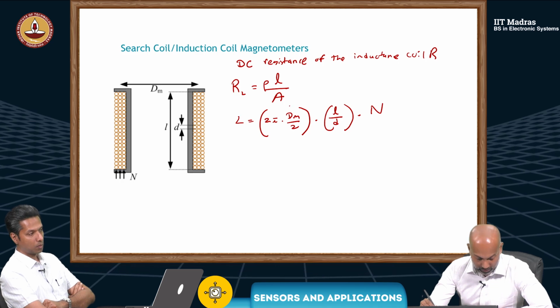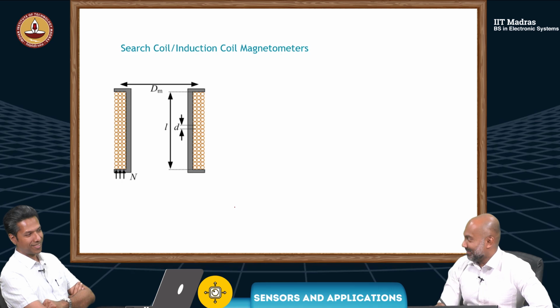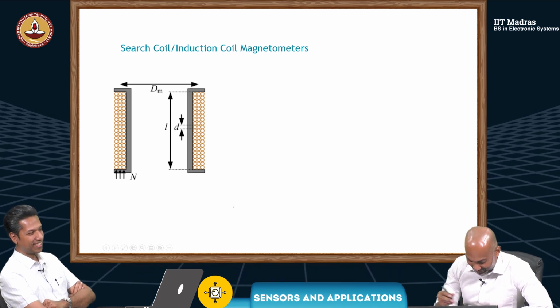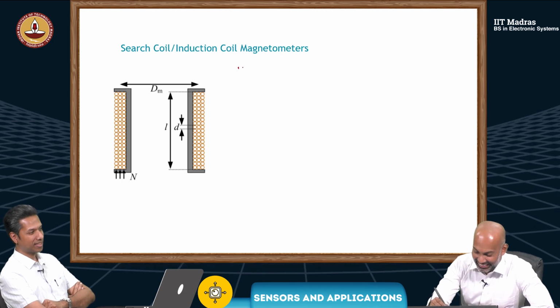So let me say this is 2 pi R. I don't know if you can get it back. You will write the last equation alone? Yes.